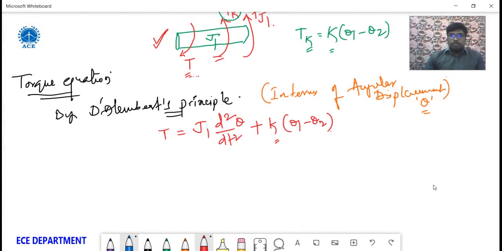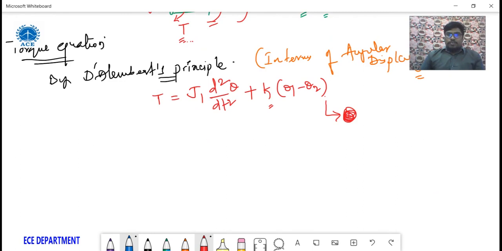Now consider this as equation 1. I would like to take the Laplace transform here.